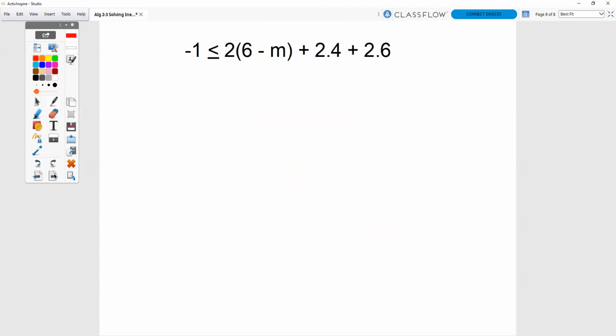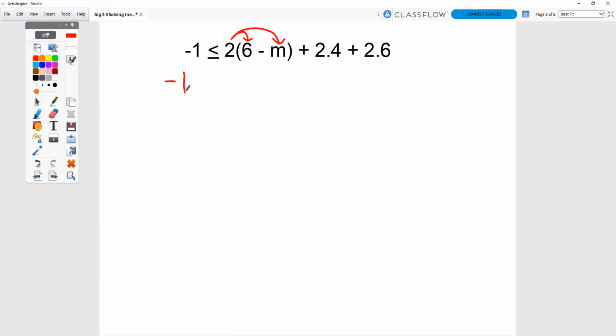In this last question, all right, this one's sort of written a little bit backwards. You can see it right away. Normally what I try and do is simplify both sides. There's nothing for me to simplify on that left-hand side, but there definitely is stuff to simplify on the right-hand side. So I want to get rid of parentheses. We always want to get rid of parentheses.